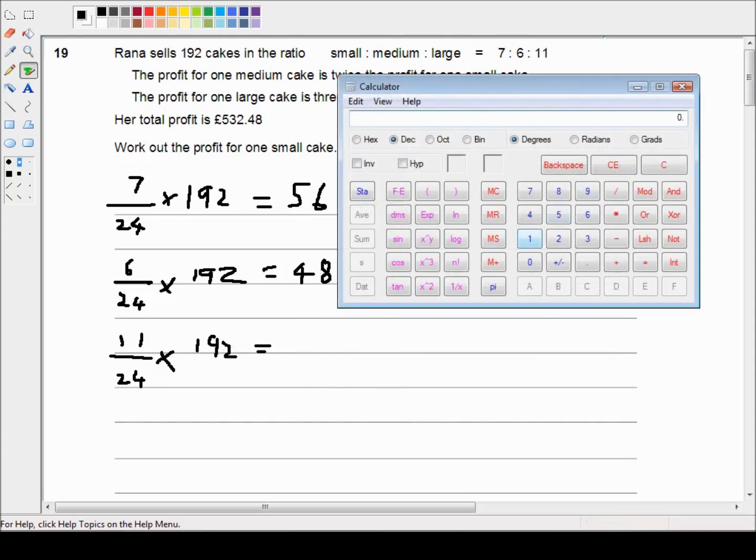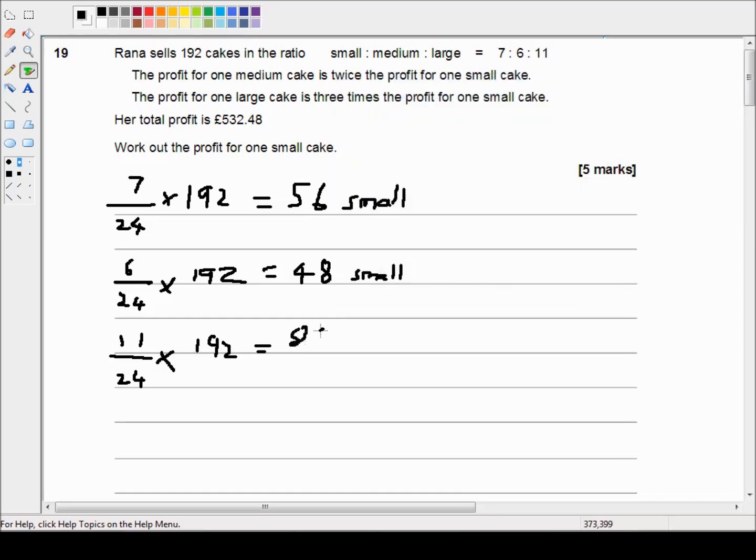Okay, so I've got my calculator. So this is 11 times 192 divided by 24, and it is indeed 88. So I am very, very confident that if I did 192 divided by 24, it would actually come out to 8. Okay, so that's the large ones.